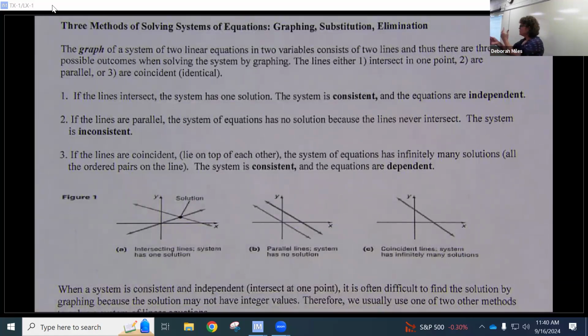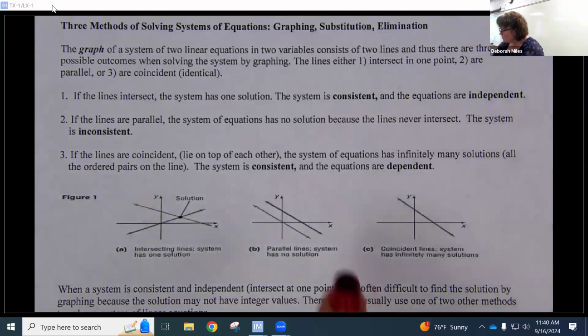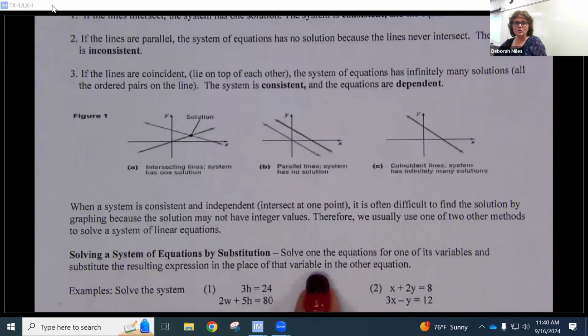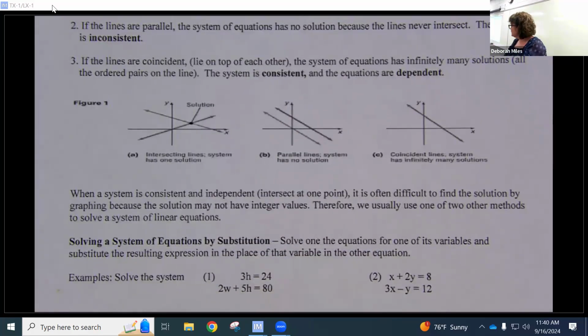Do you think I'd ever be able to locate that by graphing on paper? Exactly. I don't think so. So that's why we were going to talk about the graphing method, but we're not really going to use the graphing method in case some of our systems come up with fractional solutions. The two methods that we are going to use are substitution and elimination. So let's go ahead and look at those.